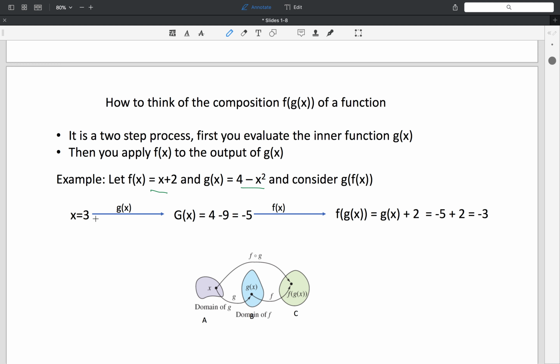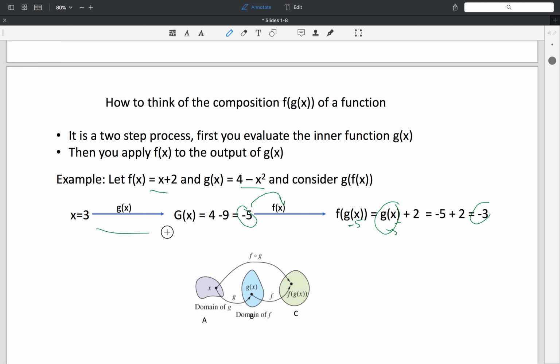So first, I plug 3 into g of x, and I'm going to get 4 minus 9, which is minus 5. And then that minus 5 goes in here. So that's going to be f of minus 5. And so I'm going to get minus 5 plus 2, which is minus 3.